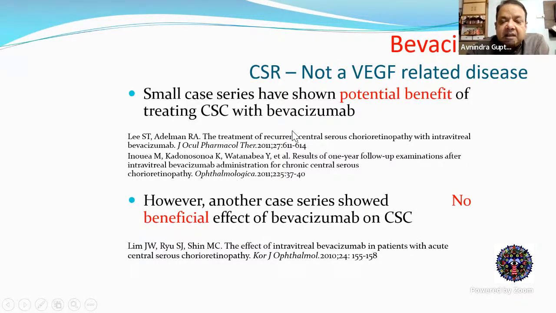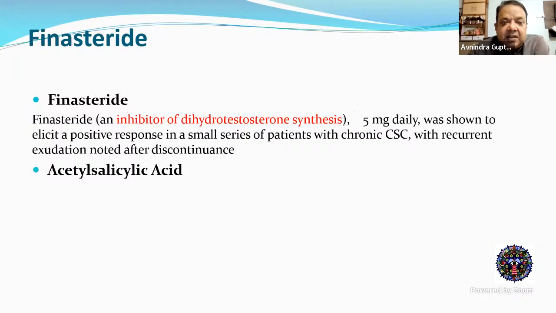In my experience, these drugs do not work in central serous retinopathy because it is not a VEGF-related disease. Why did some patients respond to bevacizumab in a small group of patients? These patients had pachychoroid disease, and we will discuss these diseases in a later part of my presentation.